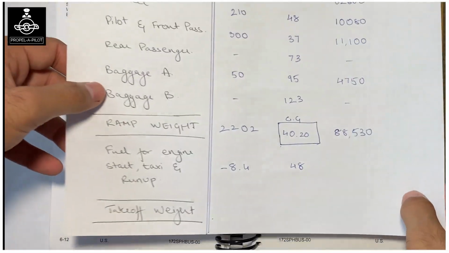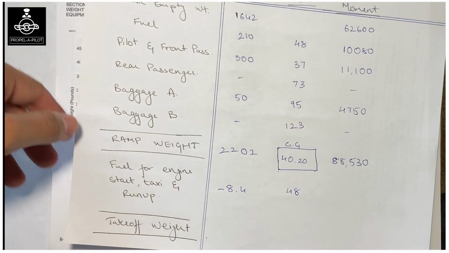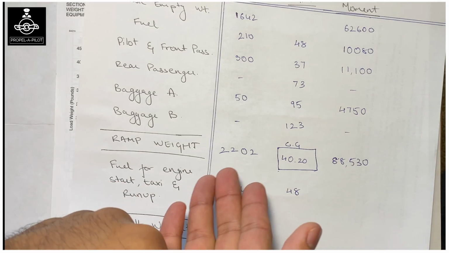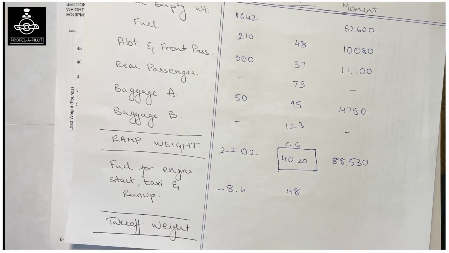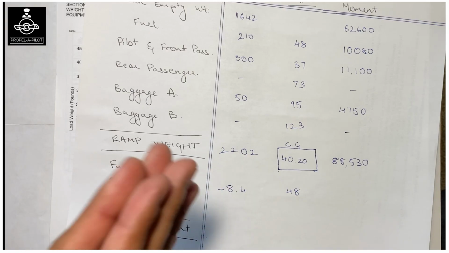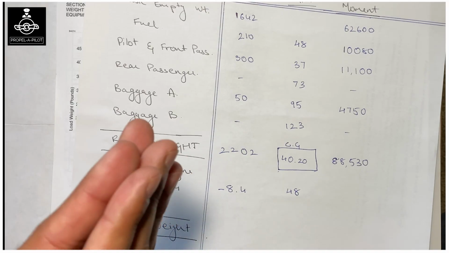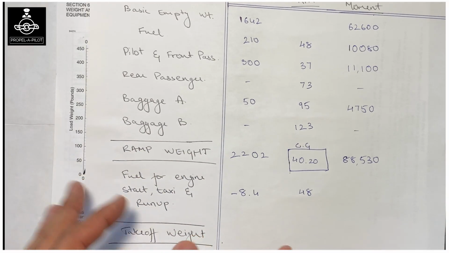So continuing with the CG example. Now that we have our CG, we need to make sure that the CG is within the limits. One thing you do before calculating the CG is check if your weight is within the limits. Check if your ramp weight is at or below the maximum allowable ramp weight by the POH.